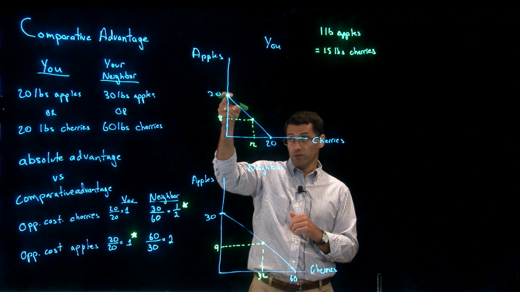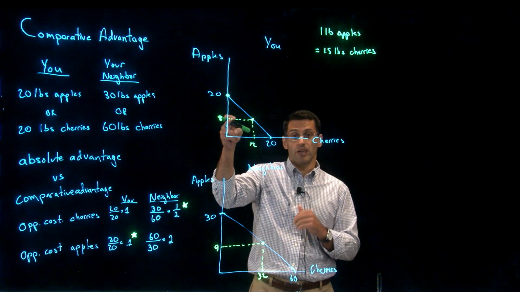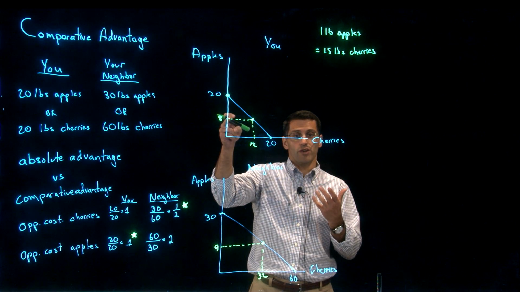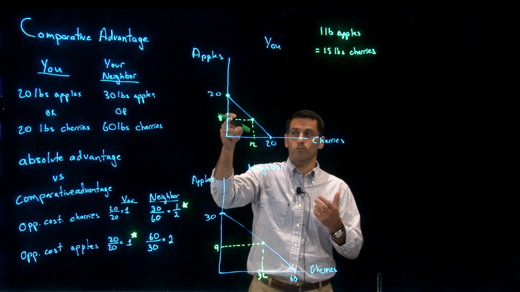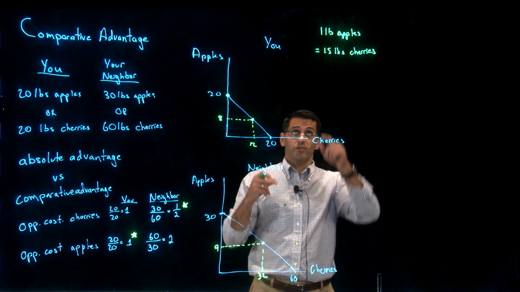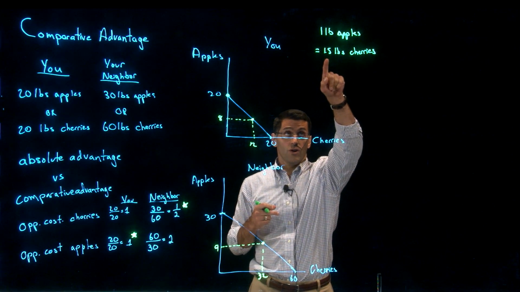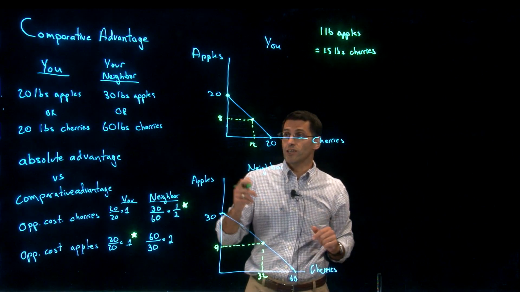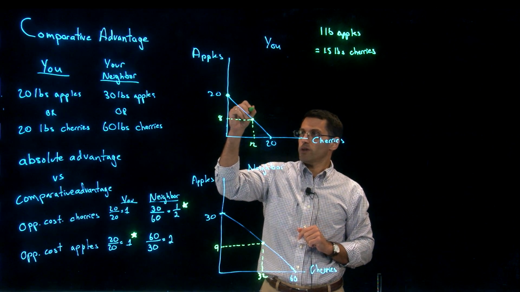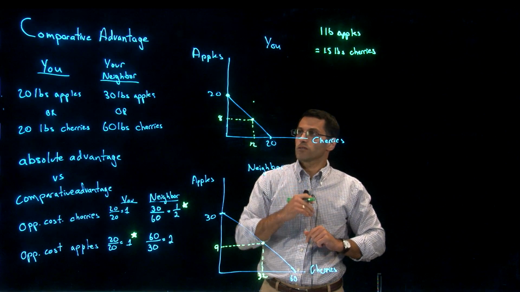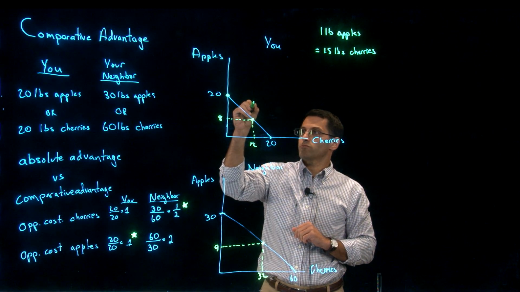So I'm trading down from 20 pounds of apples down to the 8 I was consuming before trade, right? Picking and consuming. And so for those 12 pounds, I'm going to get 12 times 1.5, which is 18. So that would put me up at a point like this, right, or somewhere around here.